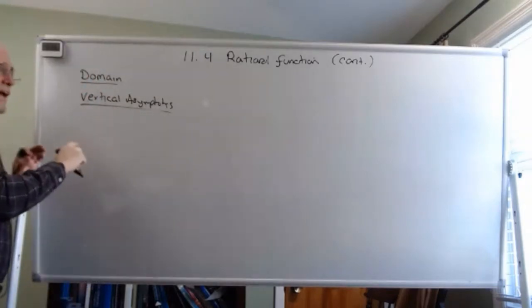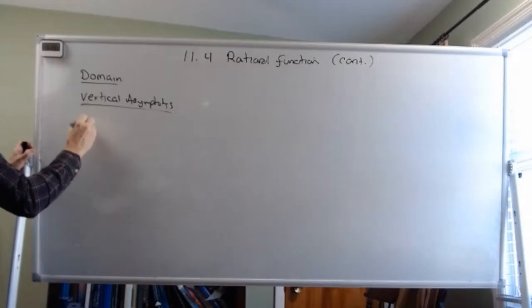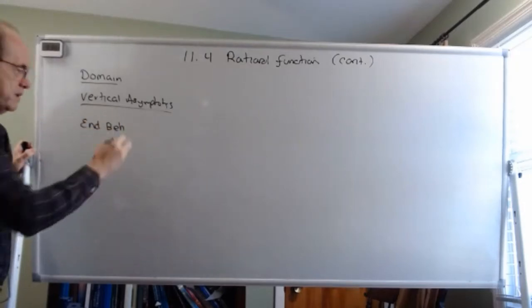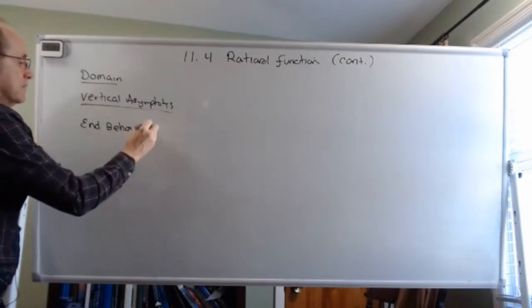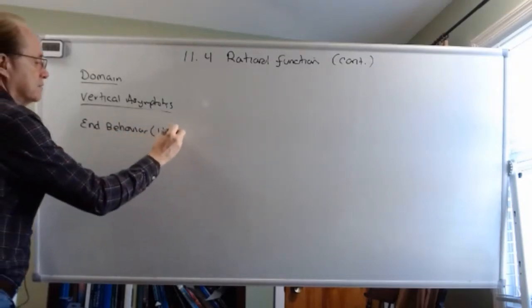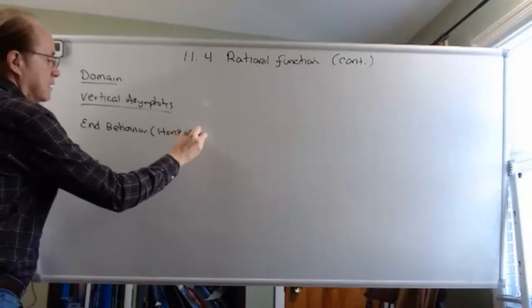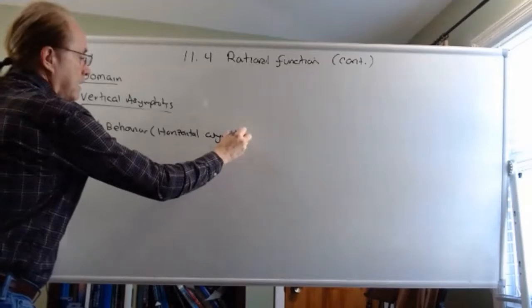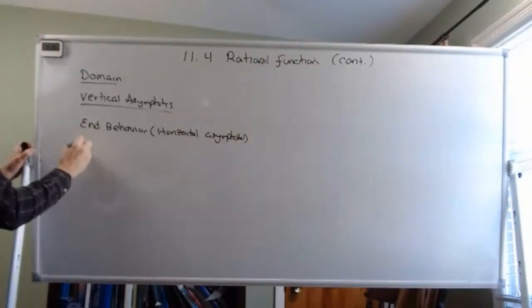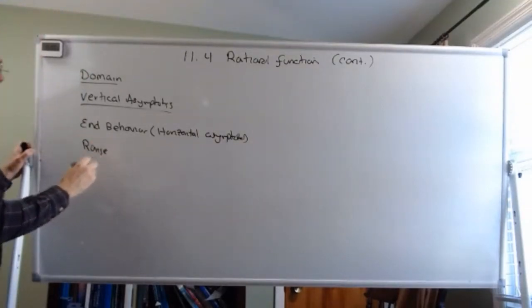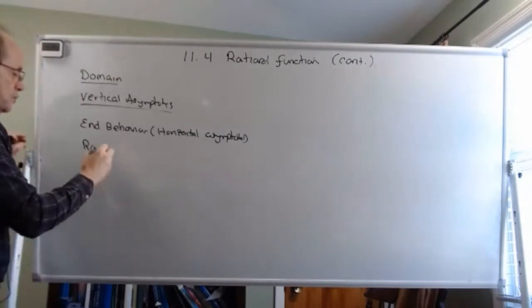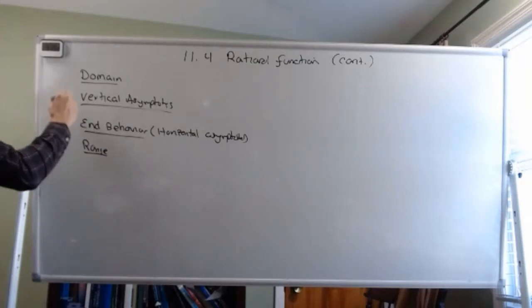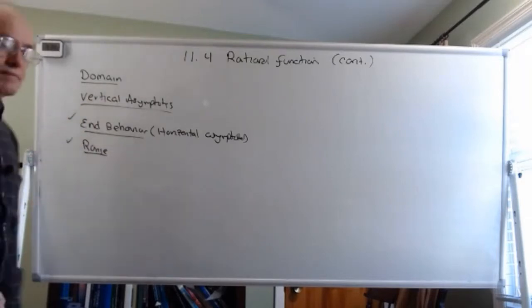We want to look at the end behavior, and that can lead, though it doesn't always lead, to something we call horizontal asymptotes. And then we're going to have another look at the range, but this time approximately using the graph. So those are two more things we would wish to cover today.